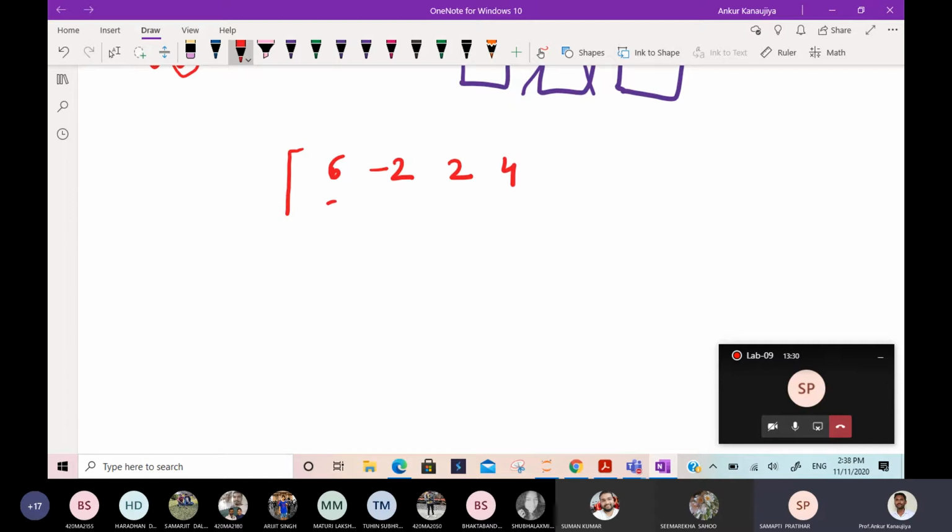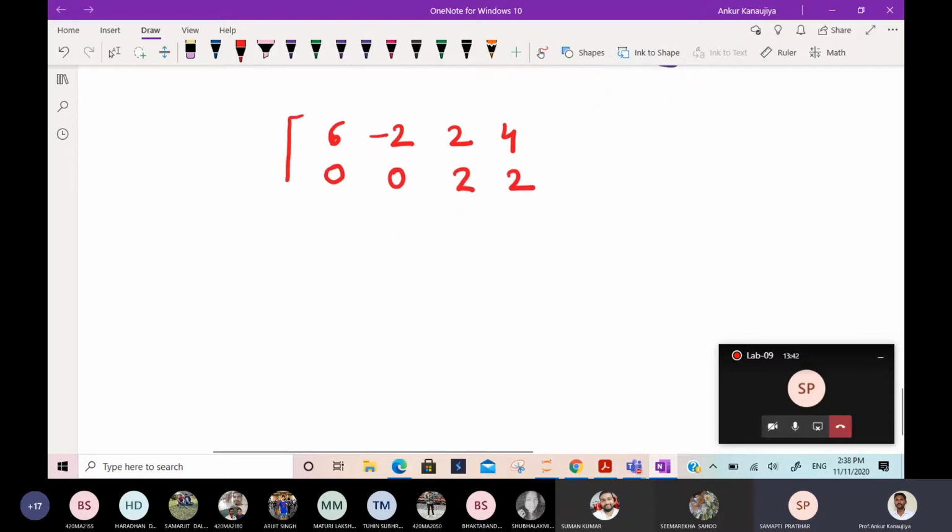Then 0, 0, 2, 2. Then the remaining two rows will remain the same, right? Yes, sir.